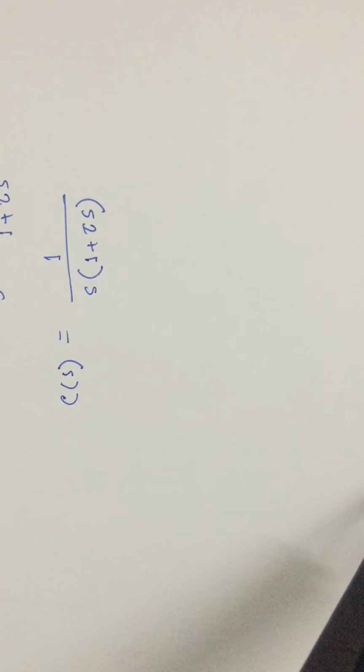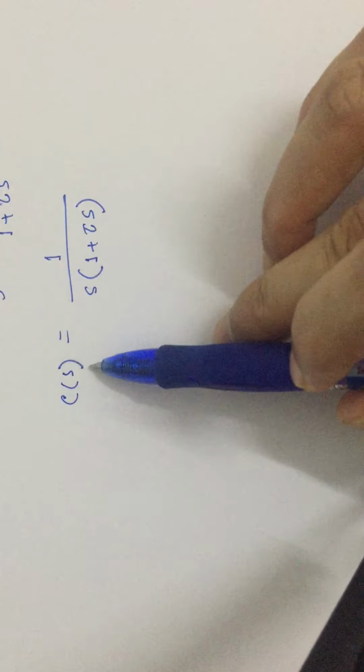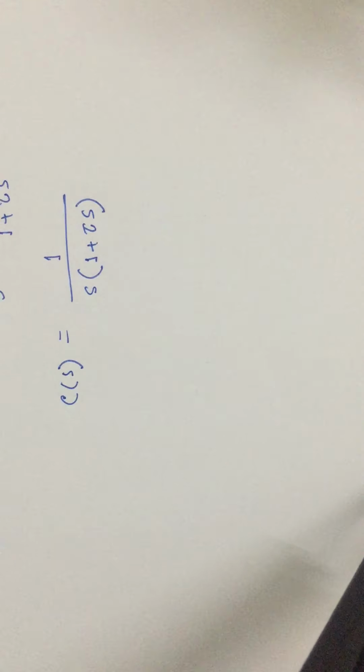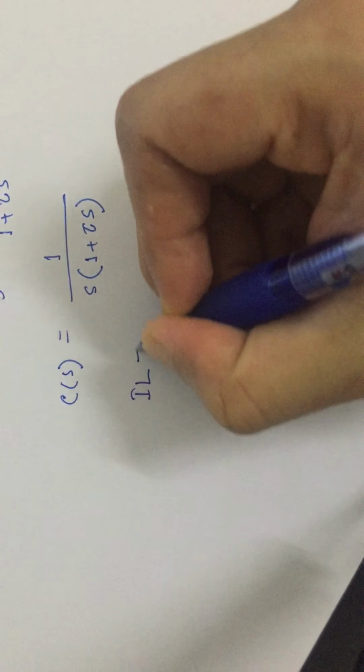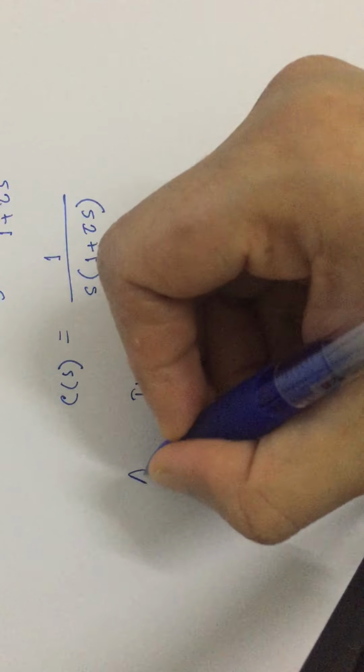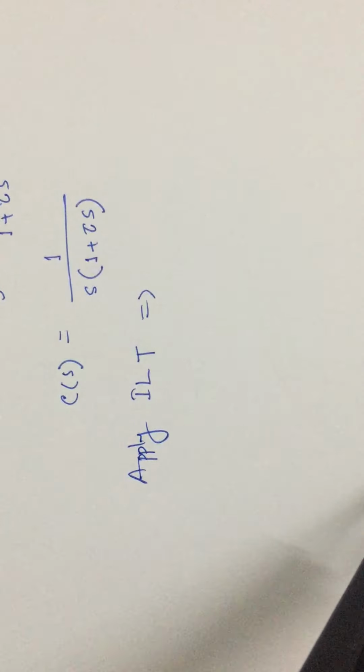This one we need to convert to the time domain, because we are doing time domain analysis. That is our main objective. If you want to convert from the s domain to the time domain, there are two methods, as I said: differential equation or ILT. We will apply ILT, the inverse Laplace transform.